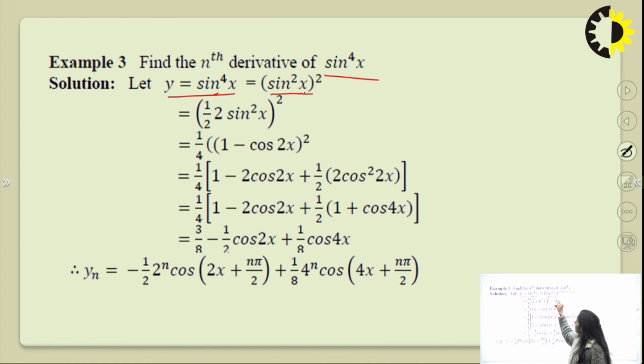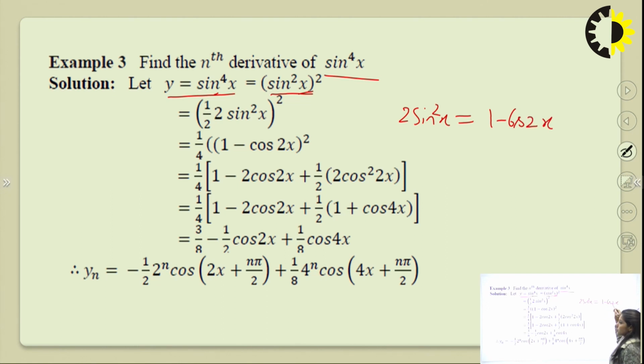We can write this function in this form, and now we know that 2 sine square x is equal to 1 minus cos 2x. Firstly we will multiply and divide by 2 and put this value here. So here will be (1 minus cos 2x) whole square.